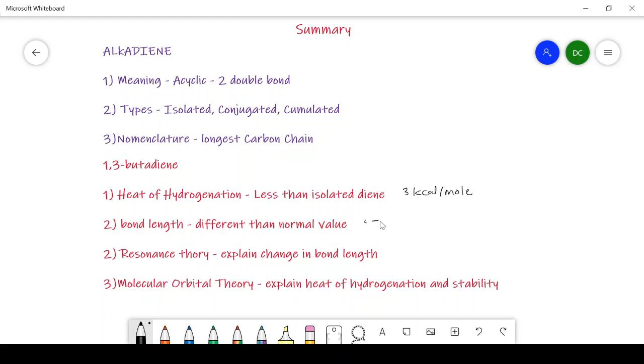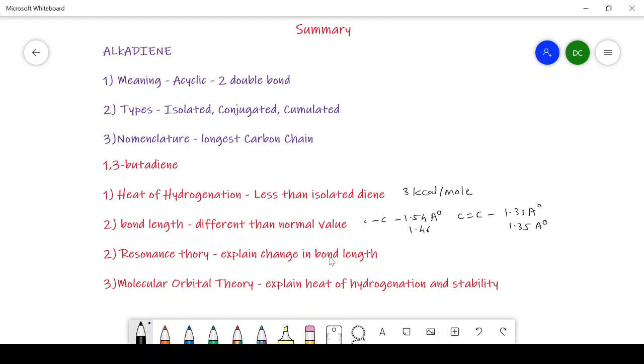Normal values: carbon single bond carbon length is 1.44 angstrom, and carbon double bond carbon is 1.33, but we get here 1.46 and here 1.35. Therefore they are different than the normal values, and these values can be explained by resonance theory, in which we have learned the resonating structures and hybrid structure of 1,3-butadiene.